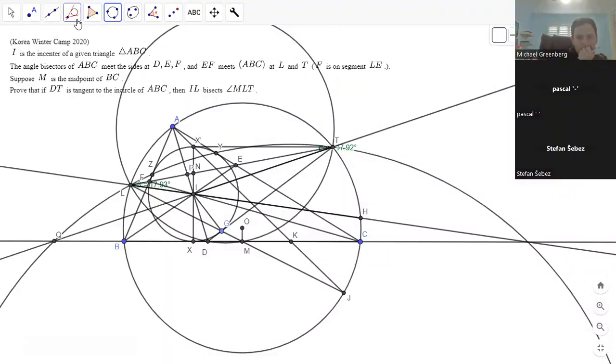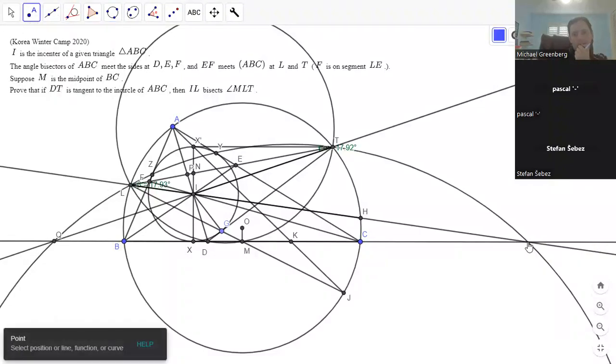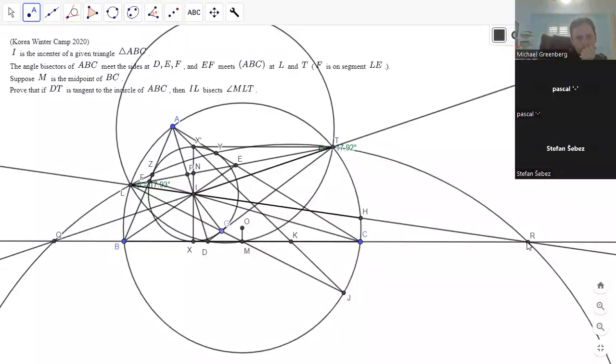And also it looks like A is the center of spiral similarity, which takes L and T to Q and R. And when you intersect QL and TR, they would then intersect on the circle.